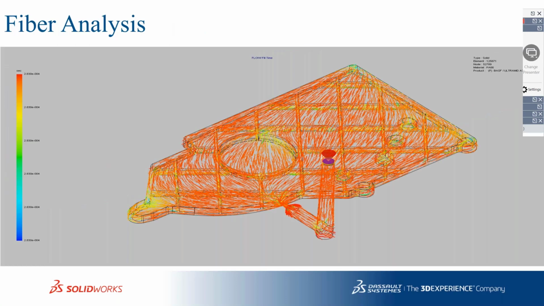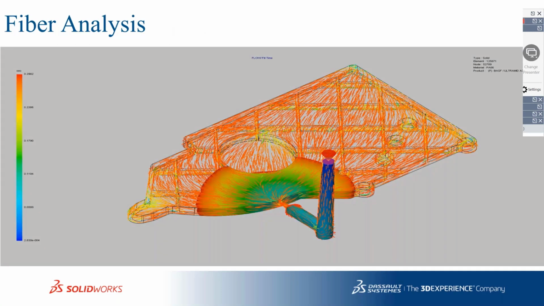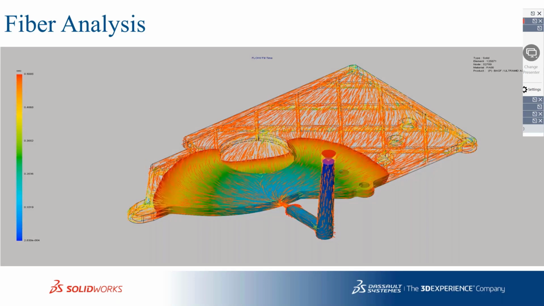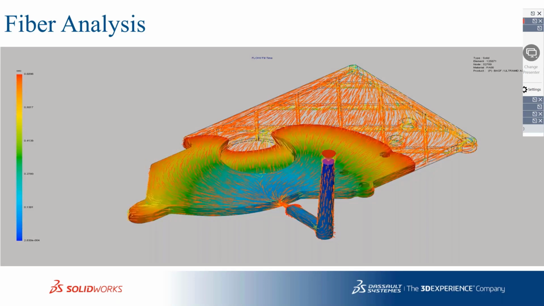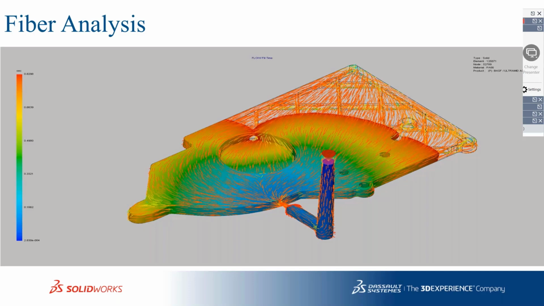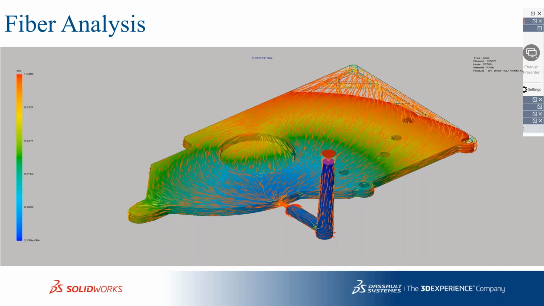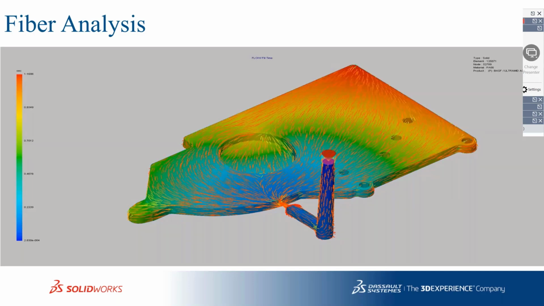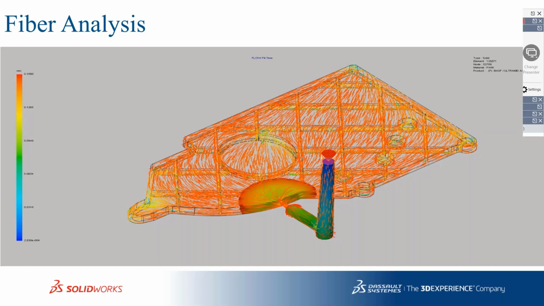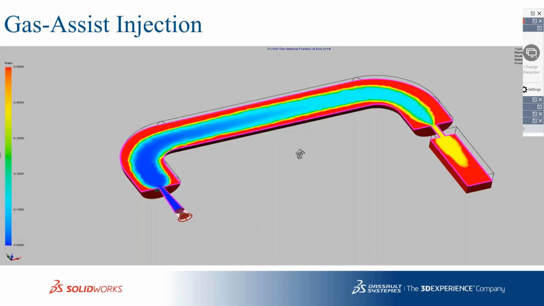Fiber analysis, where you can see the direction of the fiber, whether it is uniform or distorted, and so on. Gas assisted injection molding, where you can see the flow versus skin material fraction at the end of the fill.